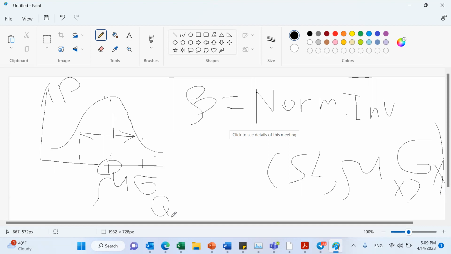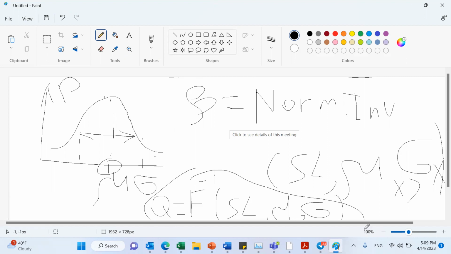So for the newsvendor, we had Q equal to the inverse function of service level, mu, and sigma. And now we have a very similar formula, right? So this is for Q for the newsvendor. This is for base stock. So instead of Q, now we have base stock. This is what we are trying to find.